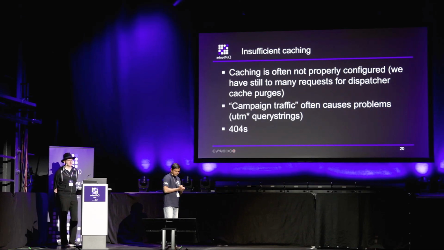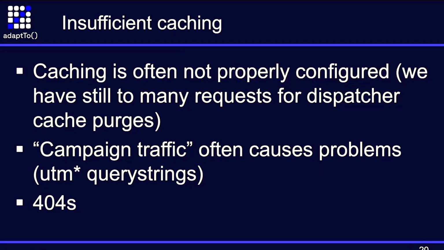So what causes this insufficient caching? Insufficient caching causes performance issues and scalability issues on the cloud services. Insufficient caching can be caused by over-aggressive flushing of the cache, where a certain resource needs to be flushed or removed from the cache, but the aggressive flushing removes a whole section and then it has to be recached again.